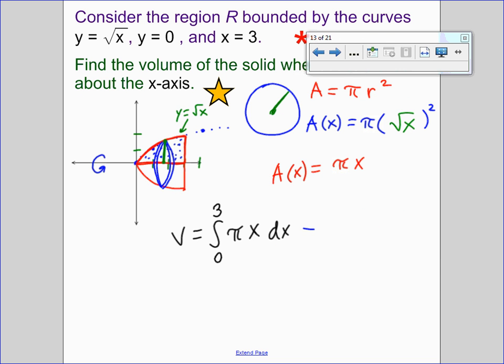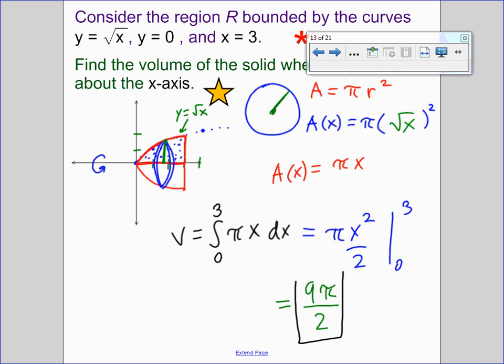It looks like this is simply pi x squared over 2 from 0 to 3. So I'm getting 9 pi over 2, is that what you guys are getting? Yes!